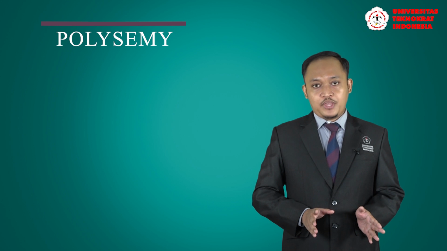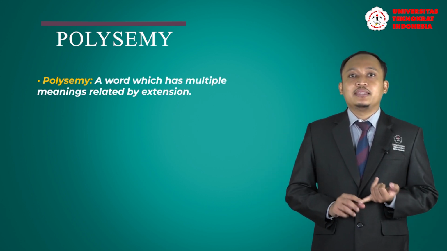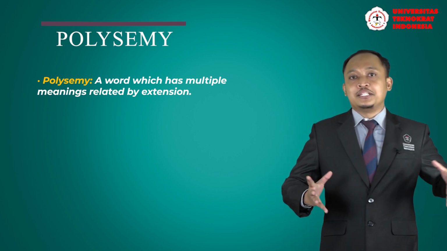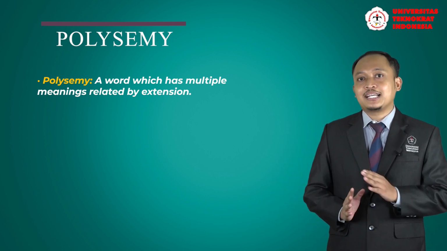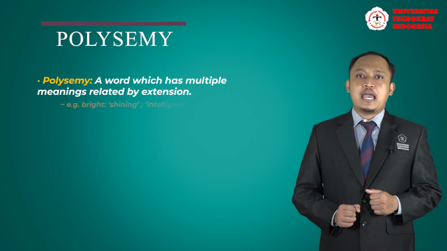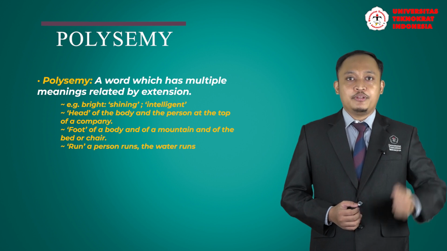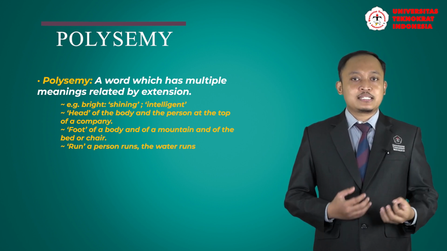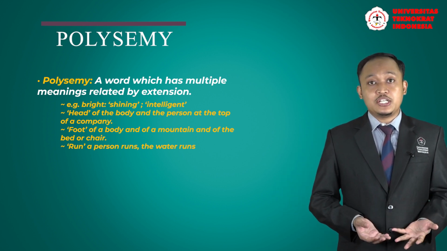So homonym is actually closely related to polysemy. What makes it different is that polysemy is the word that has the same letter compositions. The meaning is different, but the meaning is actually related. So in this context, we have extensions of meaning. For example, you are familiar with the word head. It's a part of the body. But head also means a leader, someone that, for example, is in the top position in an organization.